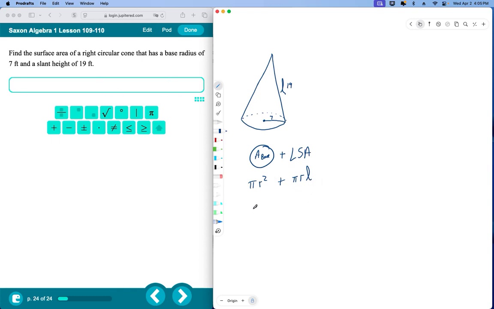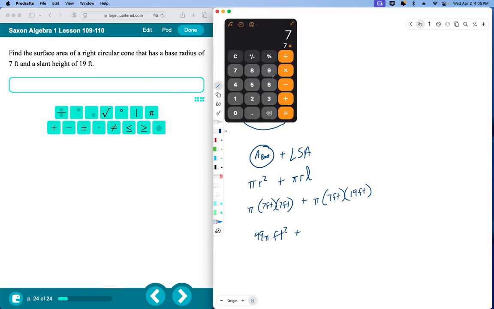So we're just going to drop our values in. So pi, and then the radius is 7 foot by 7 foot. So there's the area of the base. 7 times 7 is 49 times pi feet squared, plus pi times a radius of 7 foot times a slant height of 19 feet. So that's going to be 7 times 19. 7 times 19 is 133 pi feet squared.